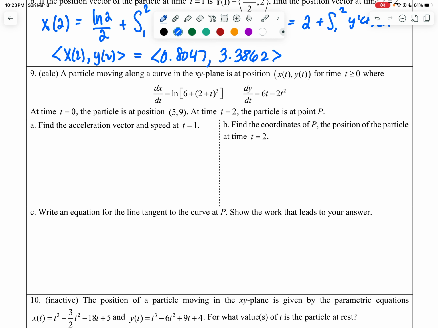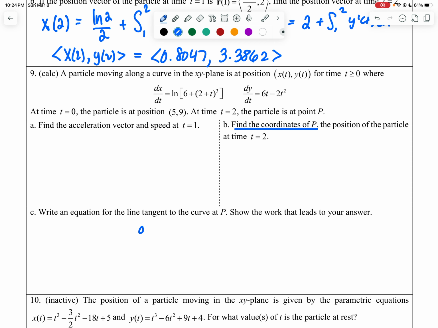So to find the equation of the tangent line, you need dy dx. Now in order to get dy dx, you need dy dt over dx dt, which we already have. So we are going to put that into the calculator, figure out what that is at time t is equal to 2, and then see what happens. Actually, I can't do that. I kind of need part B, because it says find the equation of the line tangent to the curve at P. And we do not know what the coordinates of P is.